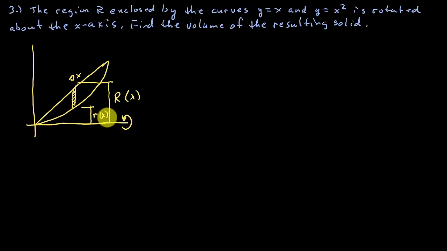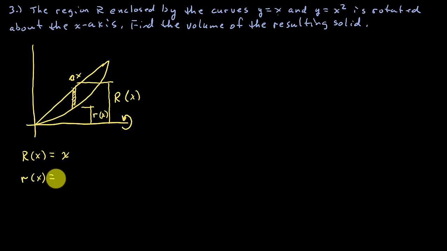All right. So let's get the larger radius. Well, that's the distance from the x-axis to the furthest end of the rectangle. What's that distance? Well, we're going up y units on the y-axis, and we're going up to the line. So what's y? y is equal to x. So that equals x. And then we need the smaller radius.